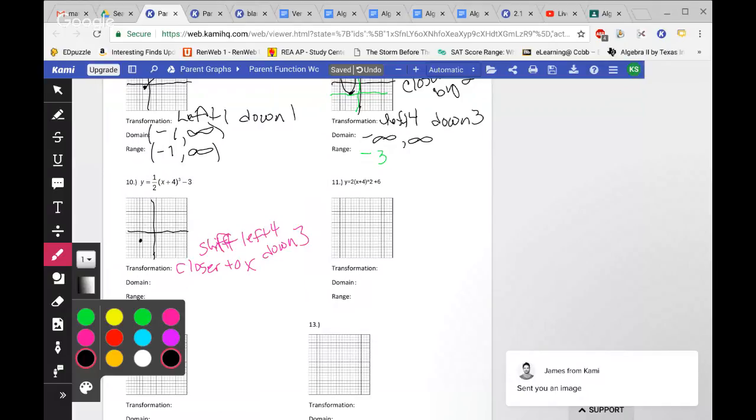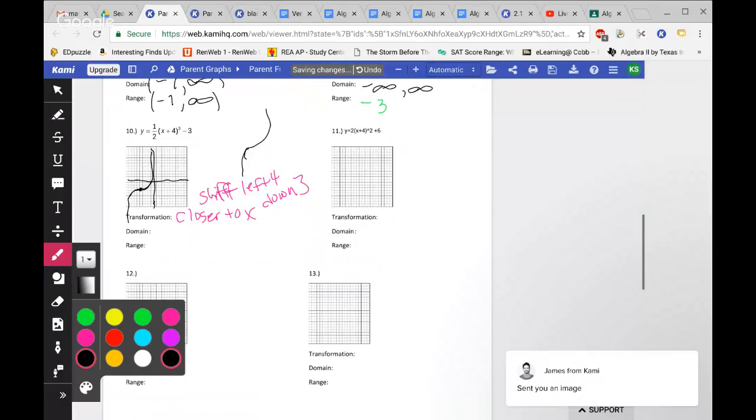That's going to be the turning point. And so it's going to be fatter. The normal cubic kind of runs through the origin and looks like that. So this is going to be a little fatter. Okay? Just a little.